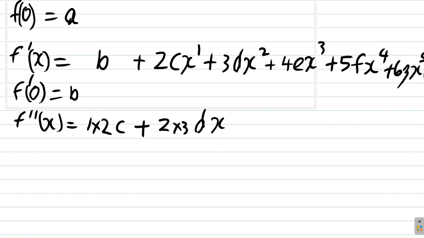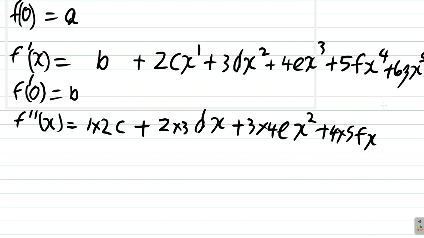But we don't have to put the 1 there. Plus 3 times 4 e x to the 2. You see that? Plus 4 by 5 f x to the 4 minus 1 is 3 plus 5 times 6 g.